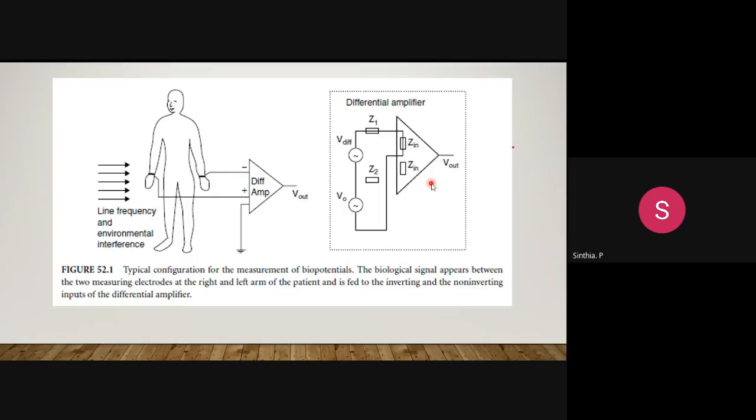Suppose the CMRR has a finite value, which means the common mode signal is not completely rejected, which means it is adding some interference to the biological signal. So even in the case of an ideal differential amplifier with infinite CMRR, the common mode signal will not completely disappear unless the source impedances are equal.